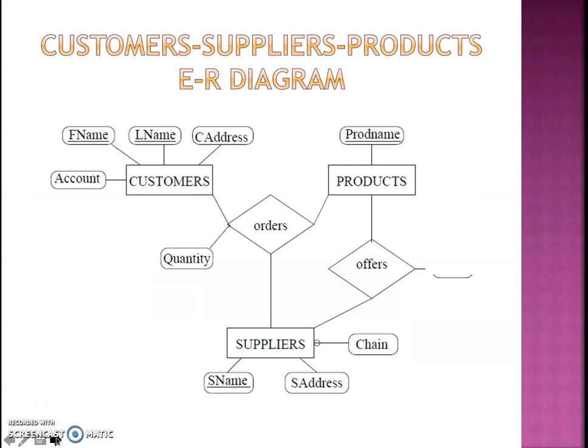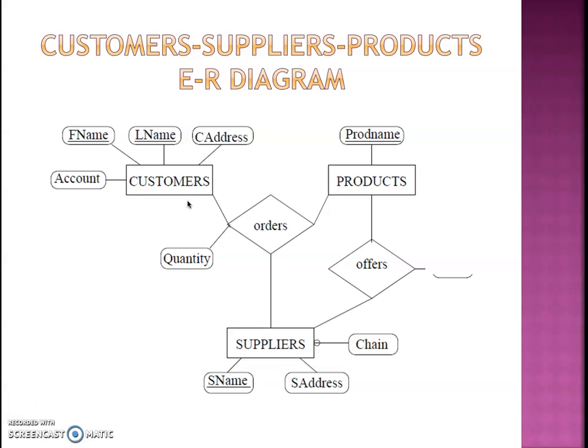This is an example of an ER diagram which we had learned earlier. Here we can see that there are various entities like customer, product and supplier. This is a customer, supplier, product entity relationship diagram, where all things are represented.